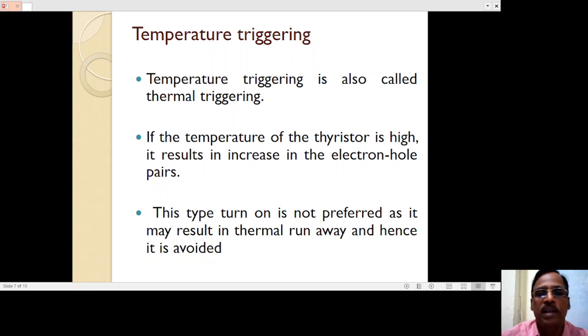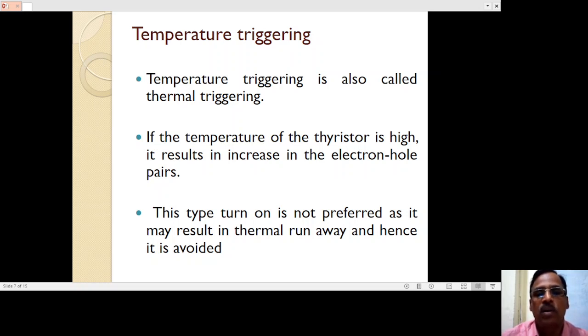If you put temperature in junction J2, depletion layer of junction J2 gradually reduces and in short time it will start conducting.